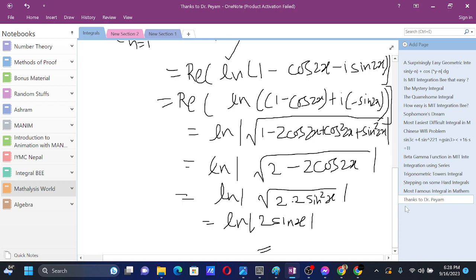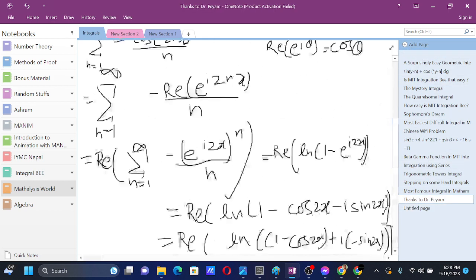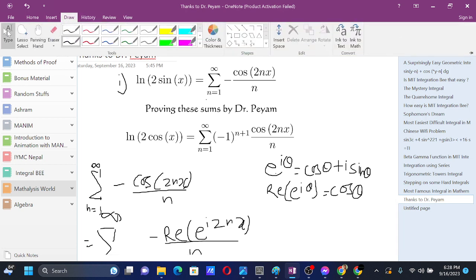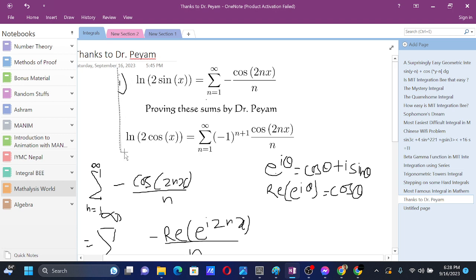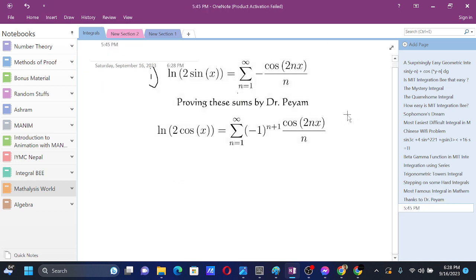Now we will use this for the other property. And now we'll try to derive the second one.